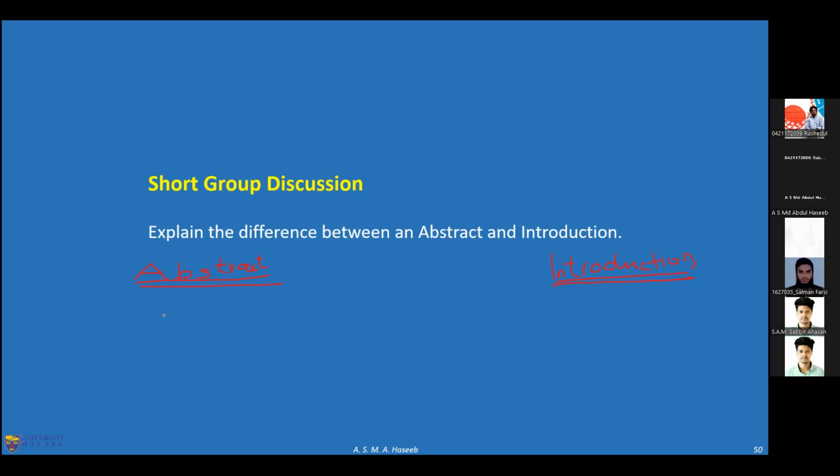The basic points are, in the introduction, I have to say why I want to do research on this topic, why I need it, why our environment or our social life needs it, and from that, what kind of benefit and applications we can get from it.